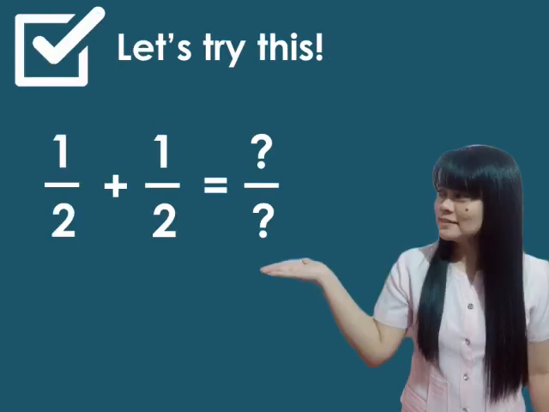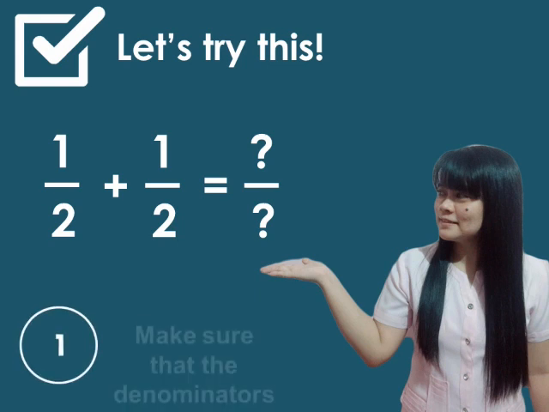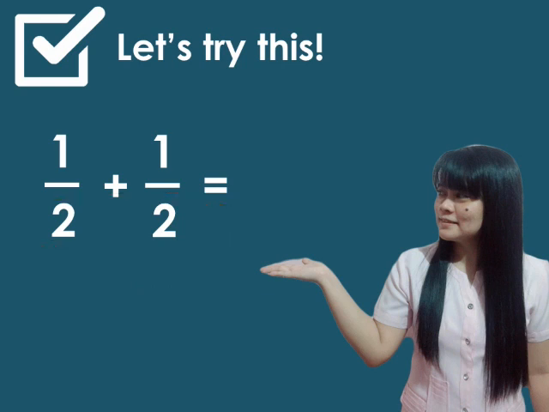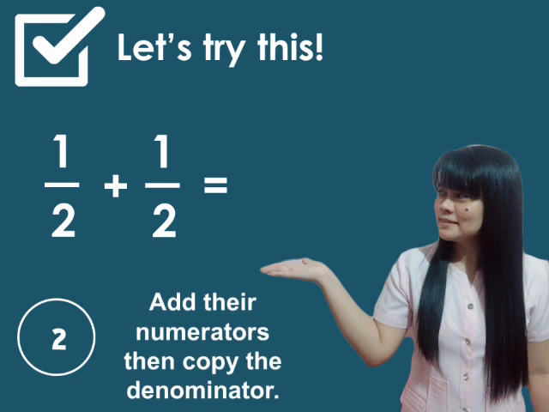Let's try this. 1/2 plus 1/2 is equal to? Let's try the 3 steps. Step number 1, make sure that the denominators are the same. Step number 2, add their numerators, then copy the denominator. 1 plus 1 is equal to 2, then copy the denominator, which is 2.